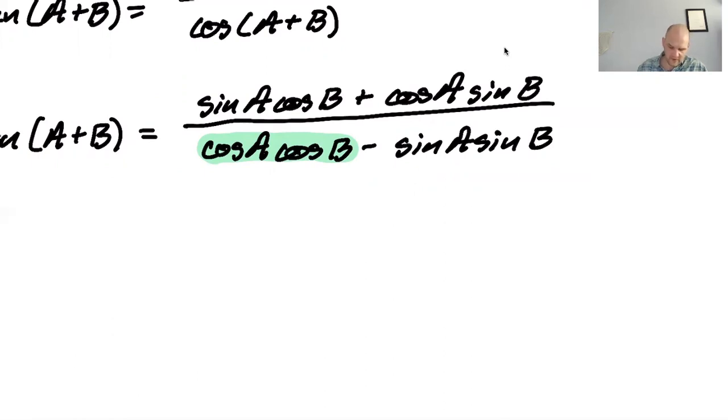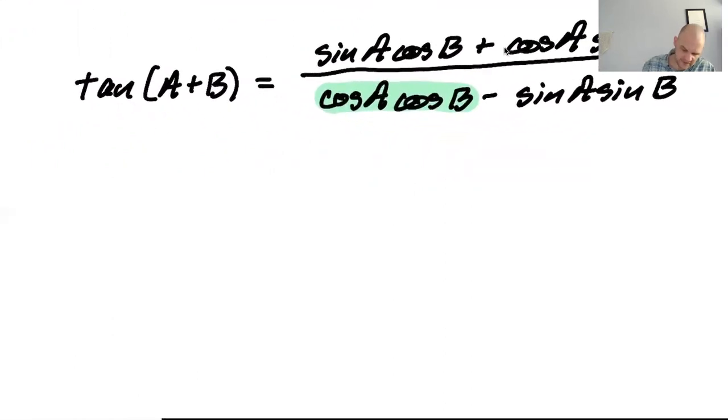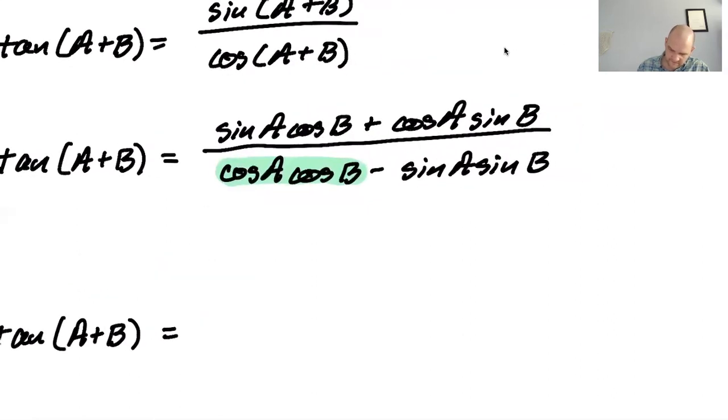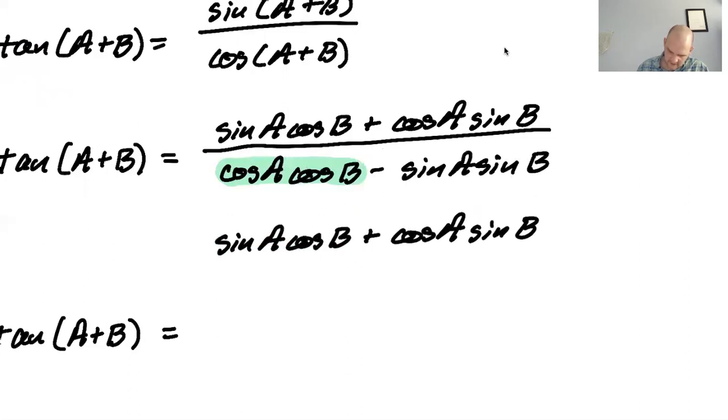So I'm going to write it out, but I'm probably going to cheat with the copying and pasting. So tangent of A plus B. My spacing on this is already not going to work. Okay, here we go. I'm just copying right now. I'm going to copy the numerator here. Let's duplicate it.